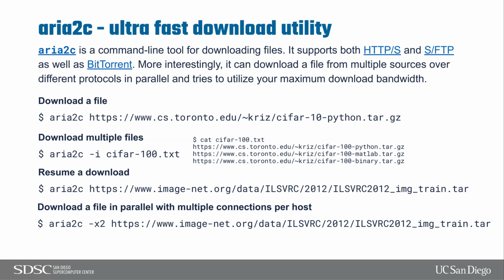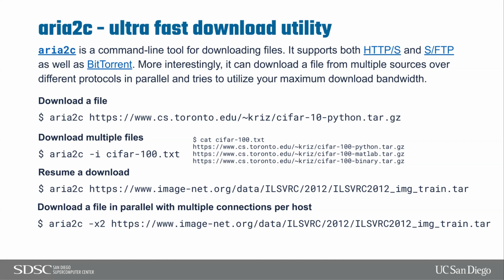This is one tool that we do have installed on Expanse. I don't know how many other systems on the NSF roster have it, but if you are looking for a downloader that has parallel connections per host, this is the tool that you might want to try. It has multi-threaded, multi-connection per host downloads.